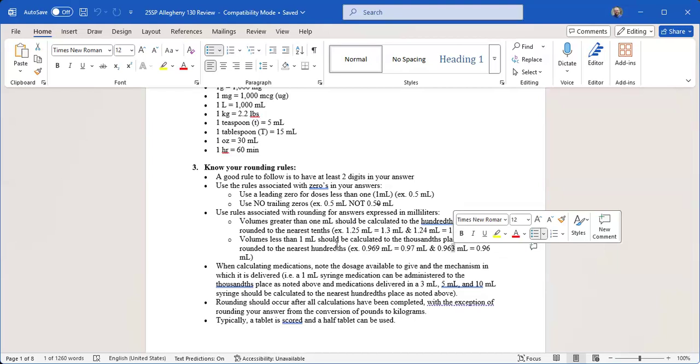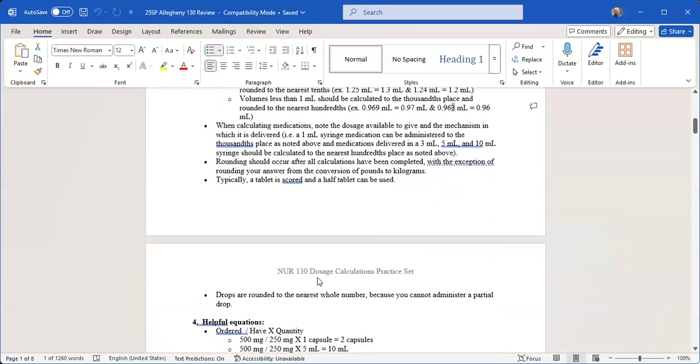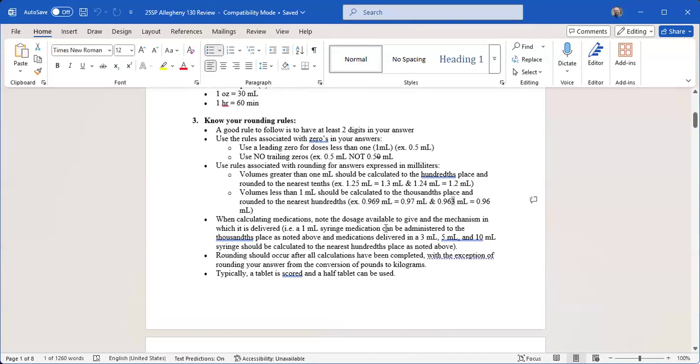The other thing I should mention: when you're doing your standard conversions, like converting milligrams to micrograms, if your final answer is 0.125 micrograms, do not round that number. You do not round basic conversions.